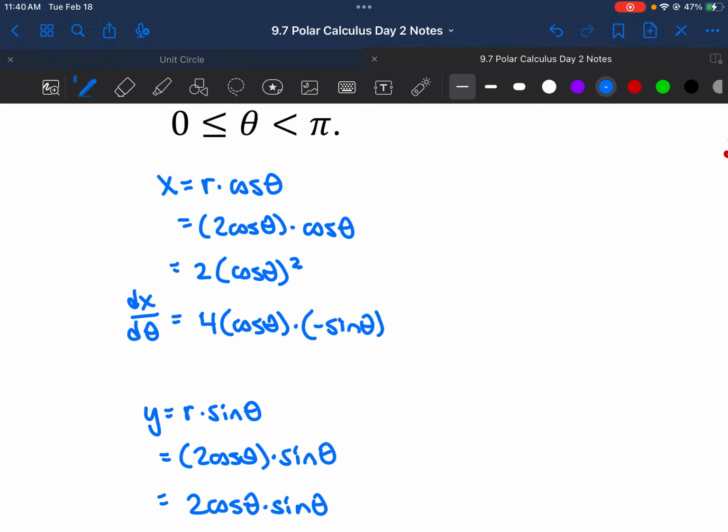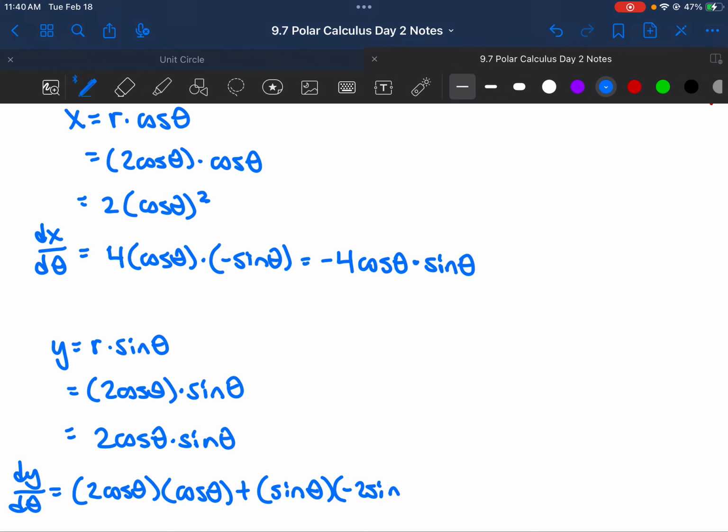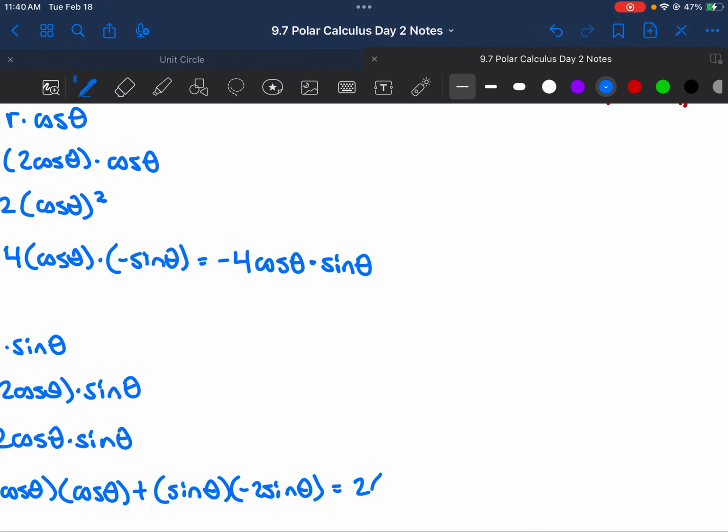All right, dy/d theta is going to be product rule. 2 cosine theta times derivative of sine, which is cosine, plus sine theta times derivative of 2 cosine theta. So dy/d theta is going to be 2 cosine of theta squared minus 2 sine of theta squared.